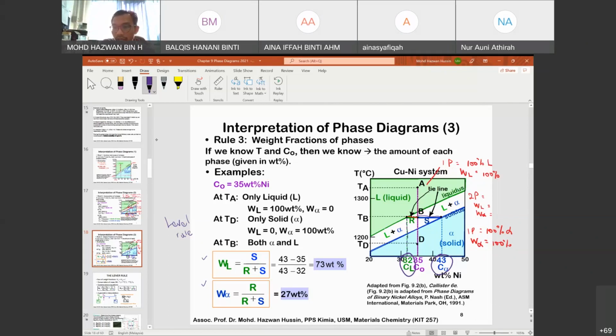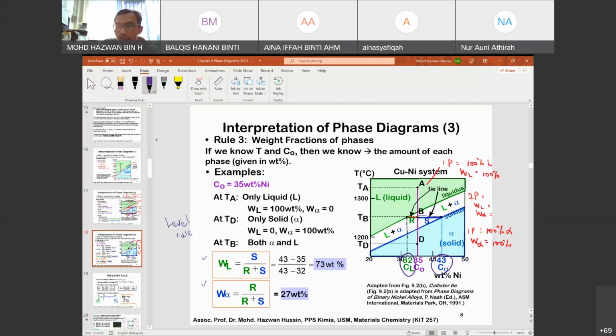Meanwhile, for solid, the region is at the bottom right, on the right side. So if you want to calculate weight fractions of liquid, you must calculate the fraction on the opposite side. Meaning that liquid is on your left.